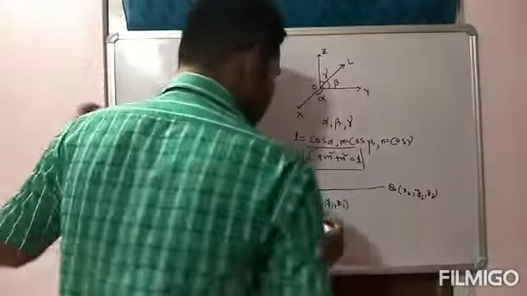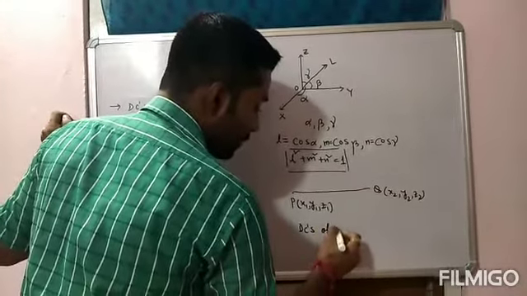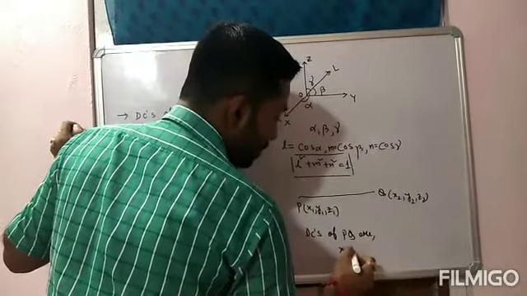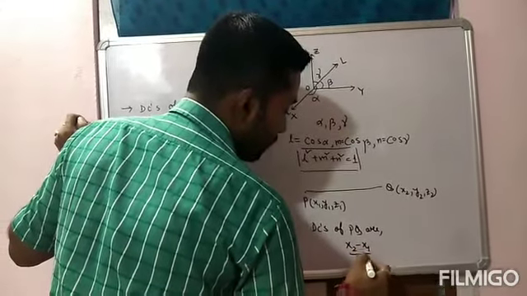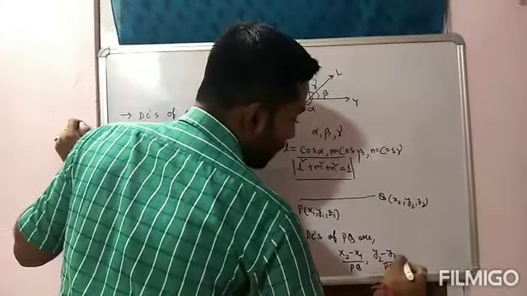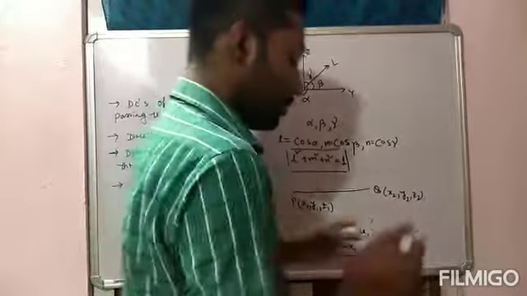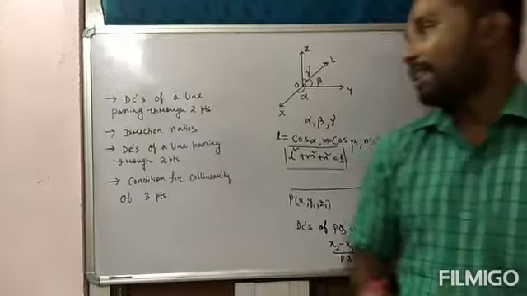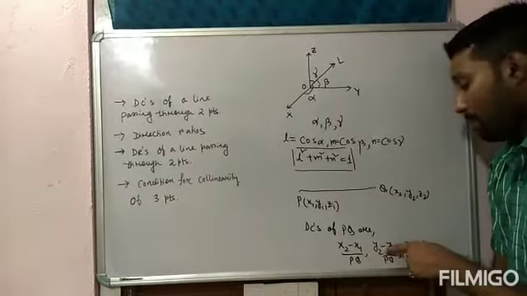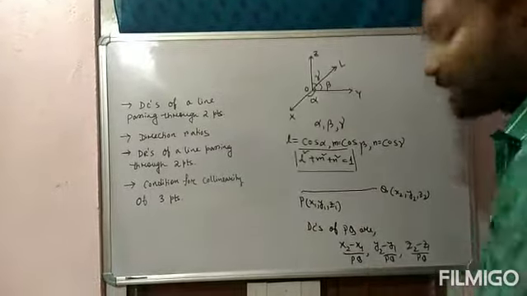The direction cosines of this line PQ are (x2 − x1)/PQ, (y2 − y1)/PQ, (z2 − z1)/PQ. Now what is PQ?